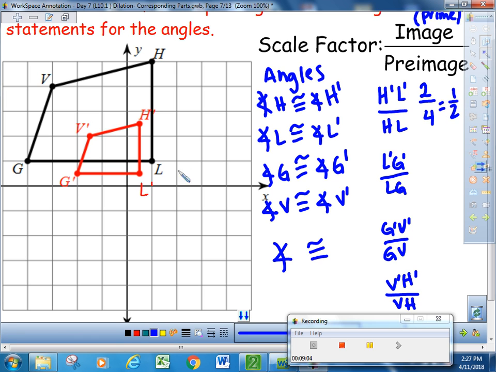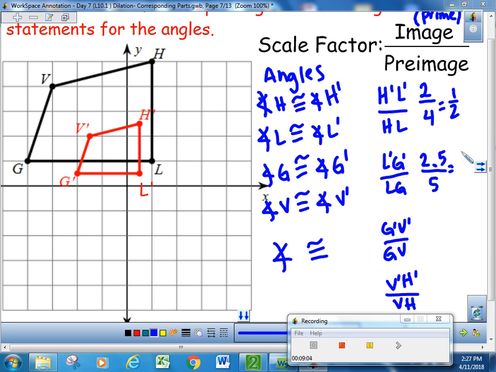And the other one that we can count is L prime G prime. So there's 1, 2.5. So 2.5. And LG is 1, 2, 3, 4, 5 units in length. 2.5 over 5 is equal to 1/2.